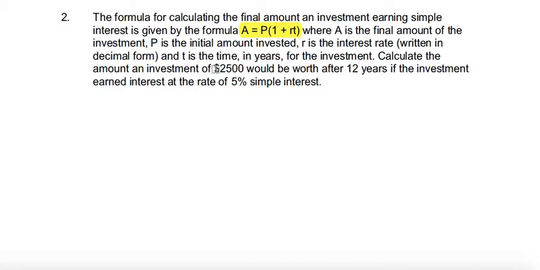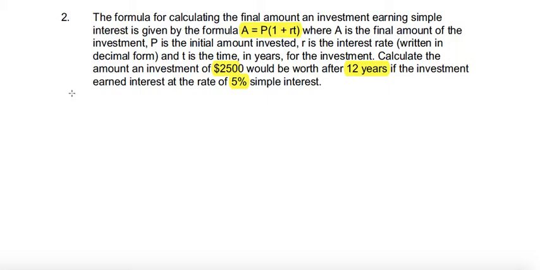We want to think about how long we're investing for. So that's our 12 years. And what the interest rate is, so 5%. So we have all of this information now that we can use to calculate our final amount of our investment.